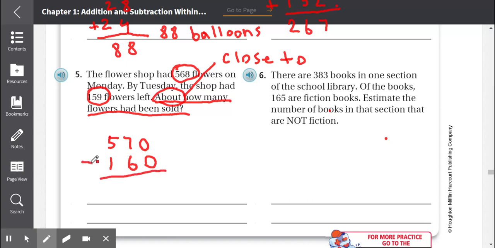So now, to find out how many have been sold, we simply subtract. Because when we see the word left, that's a keyword that lets us know to subtract.